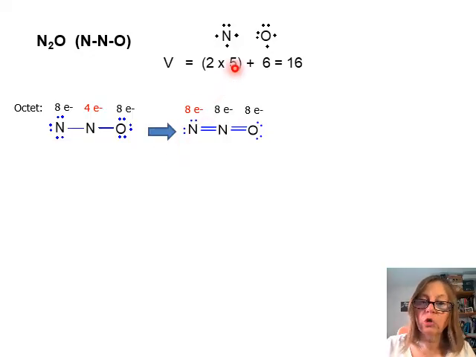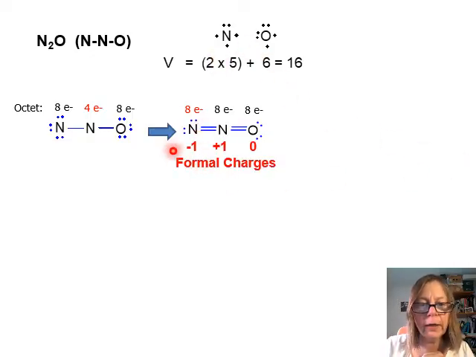A neutral nitrogen has 5 electrons. Therefore, this is a -1 formal charge. It has 1 extra electron. The nitrogen in the middle has 1, 2, 3, 4 electrons, so it is short 1 electron. It's +1. The formal charge is +1.